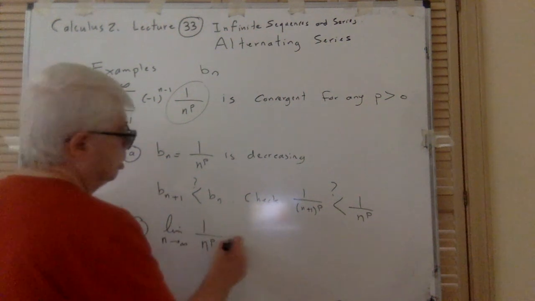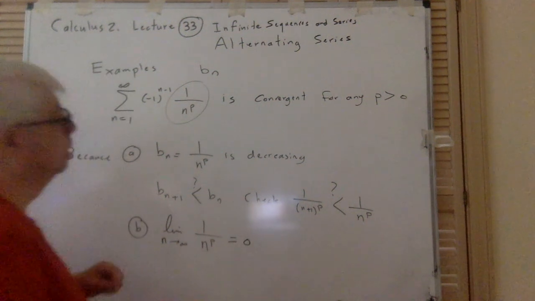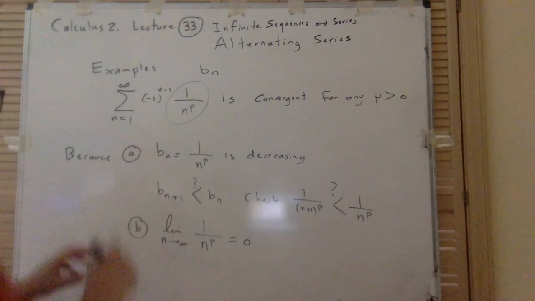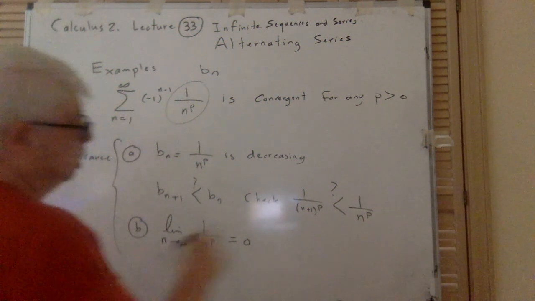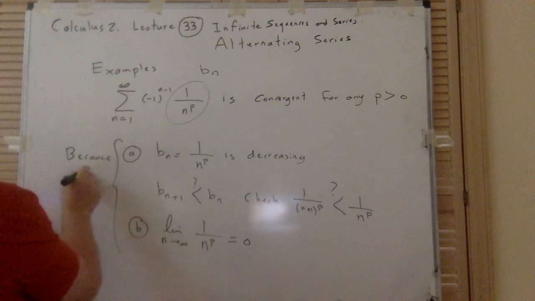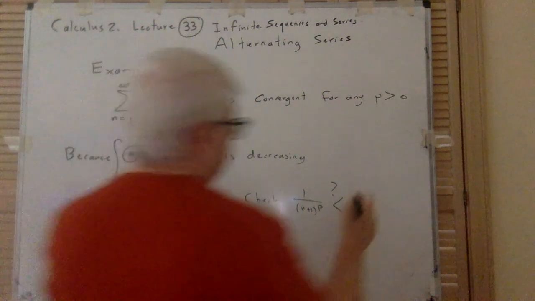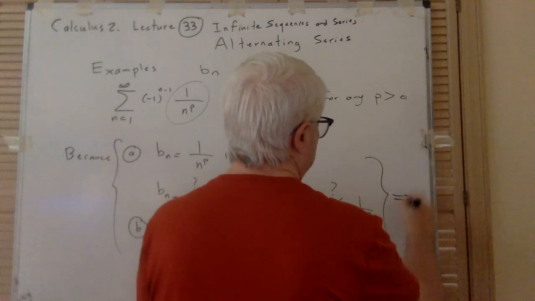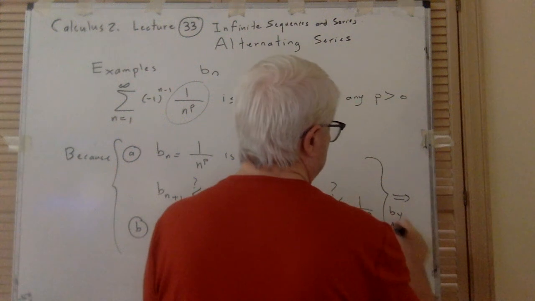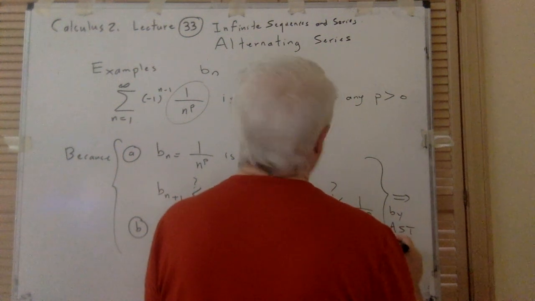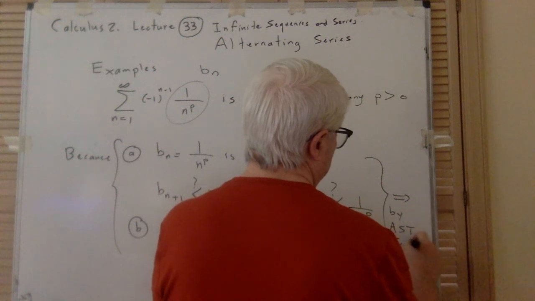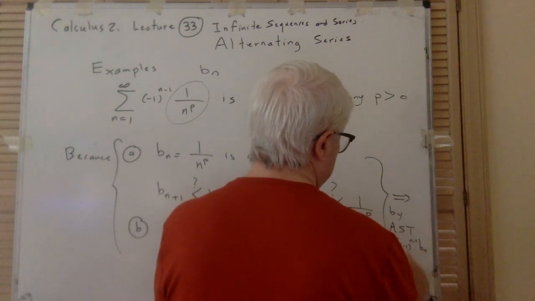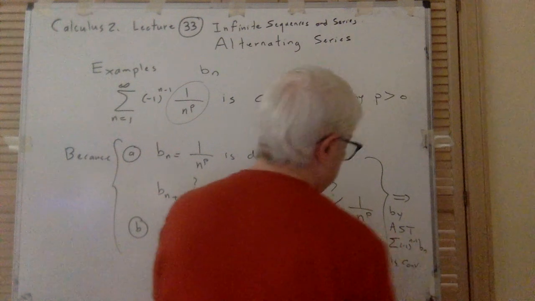So this limit is also 0. Because the two conditions apply, by the alternating series test, the series of (-1)^(n-1) bn is convergent.